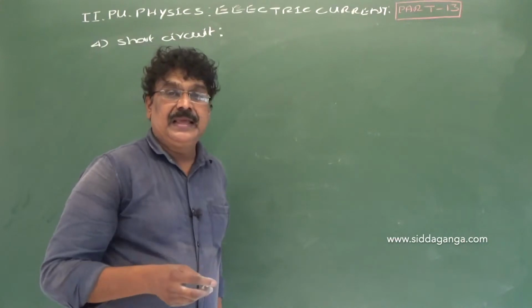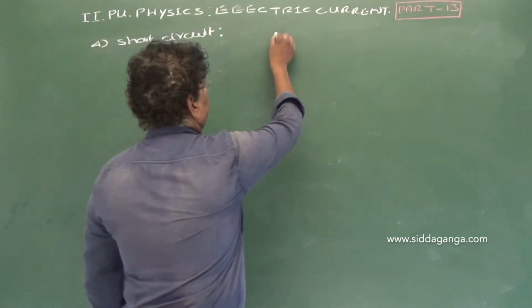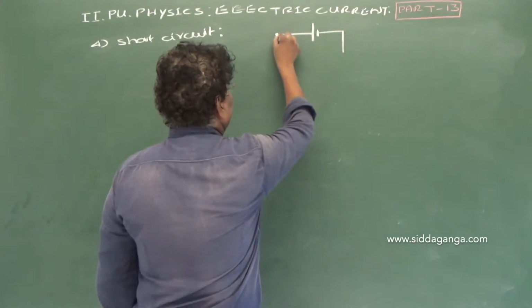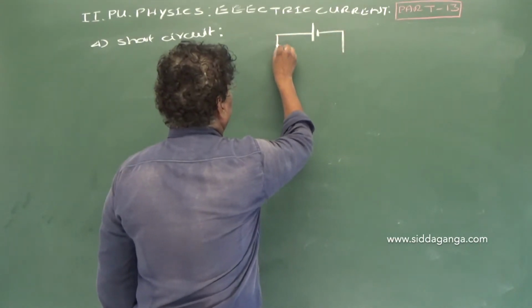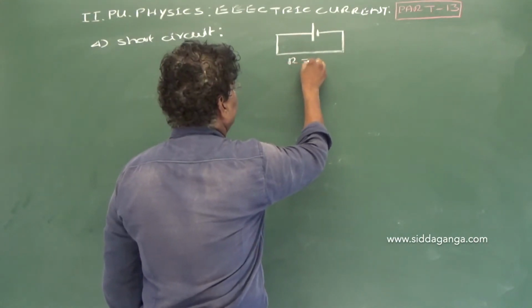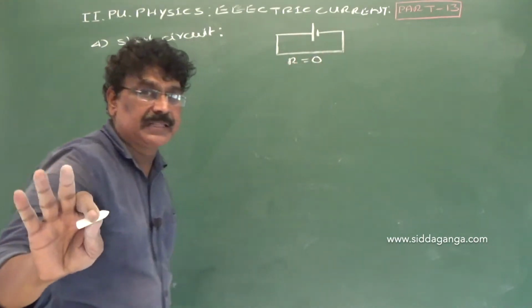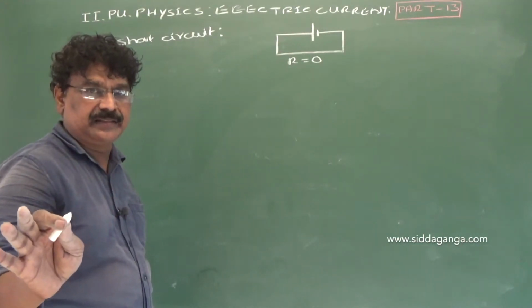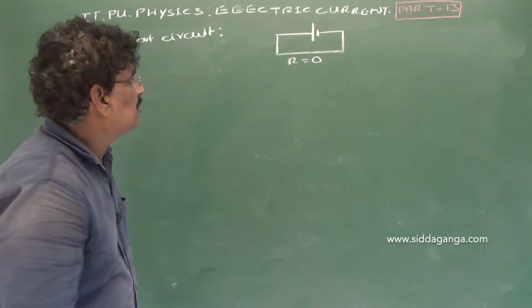So when a cell is directly connected across its terminals, that is R is equal to 0. Remember that connecting wires have no resistance, or their resistance is very, very small.